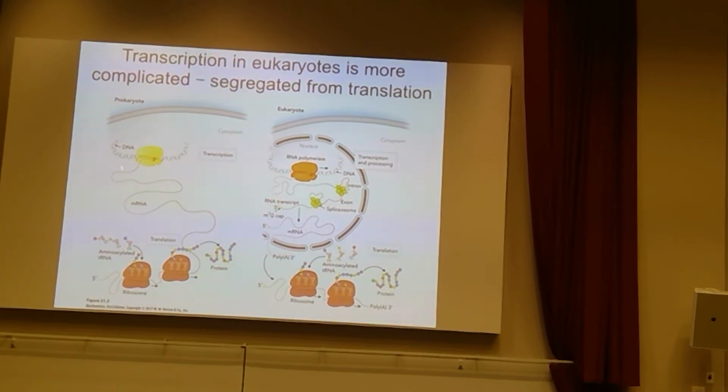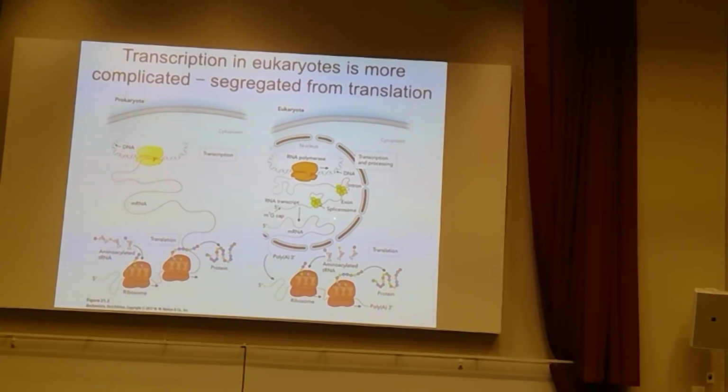The polymerase reads off the DNA template, makes the mRNA, and then even as that mRNA is still being generated, the ribosome can begin to use the mRNA as a template to generate a protein product. So these two different facets can be completely coupled, coordinated, and can take place simultaneously.